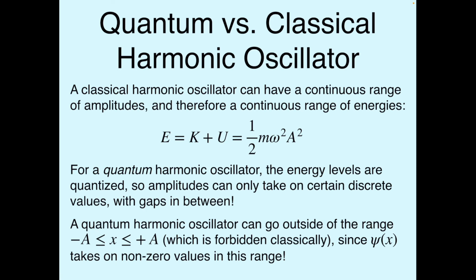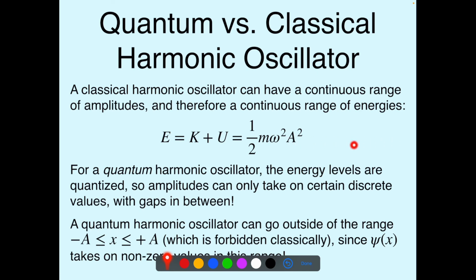There's one other feature of the quantum harmonic oscillator that I want to point out before we end this. It's that a quantum harmonic oscillator can go outside of the range x equals minus A to x equals positive A. Now, think about what the amplitude means for a classical harmonic oscillator. It means we're going back and forth.